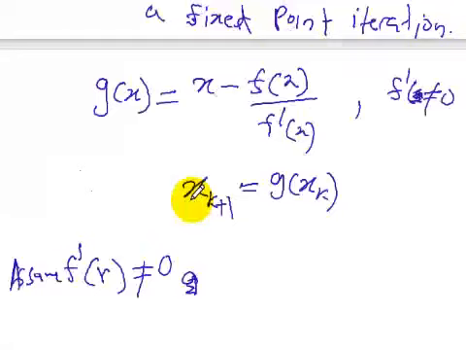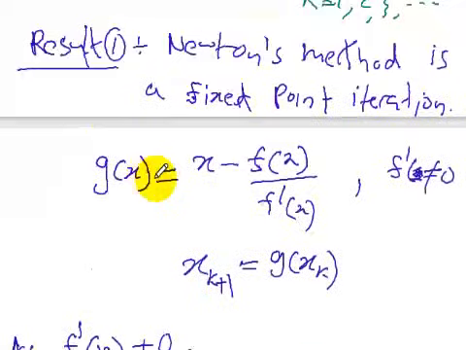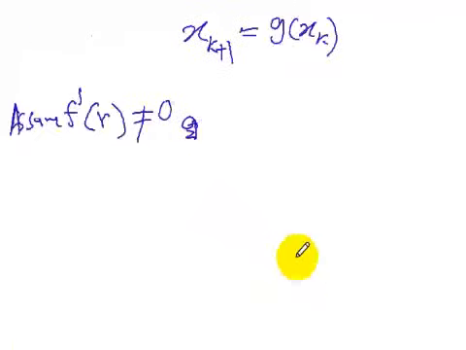Alright, so what we are going to show is that the fixed point of g is a root of f. So this is the fixed point. That's r is the fixed point of g. That means r is equal to g of r, since r is a fixed point.